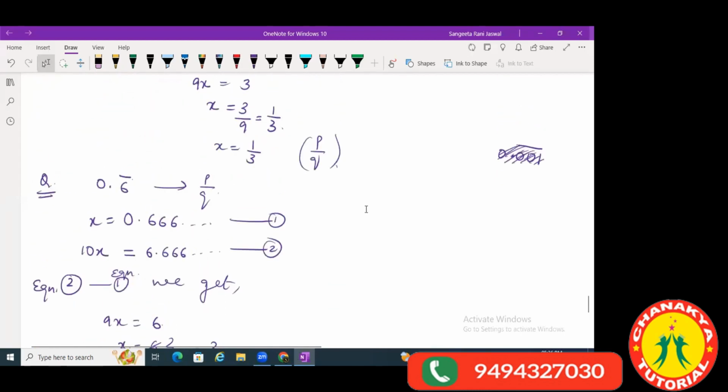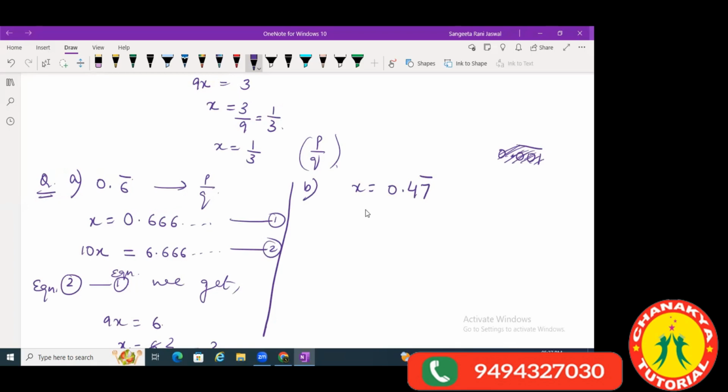There is another question in your book that I'll take as an example. Suppose this is A part. Let x be equal to 0.47 bar. Okay. Now here there is a bar over 7, not on 4, it's on 7.